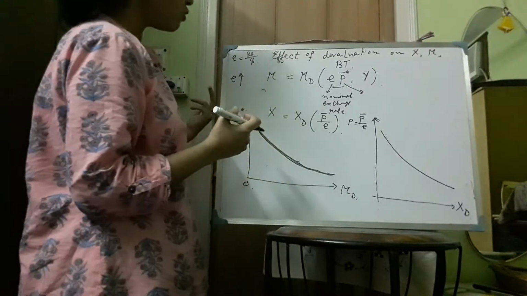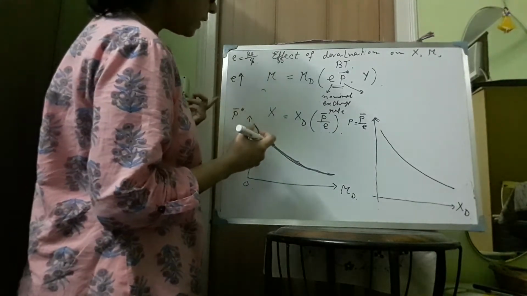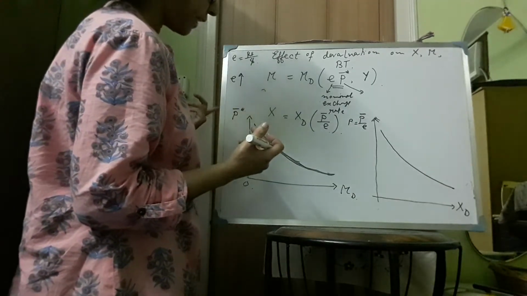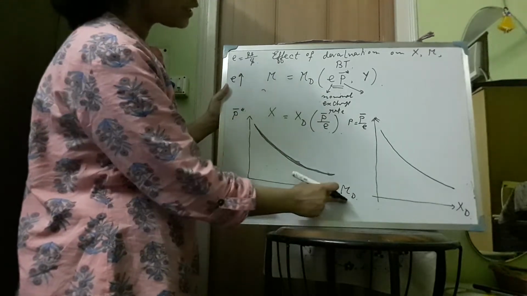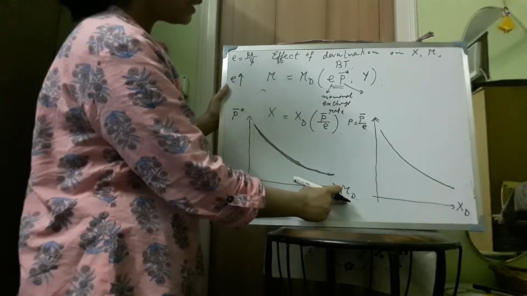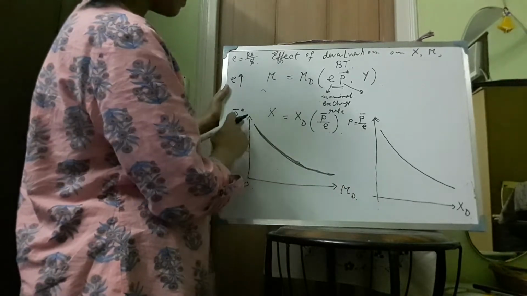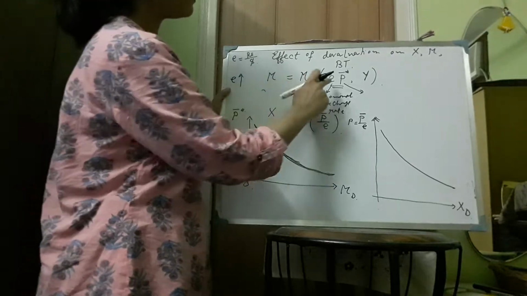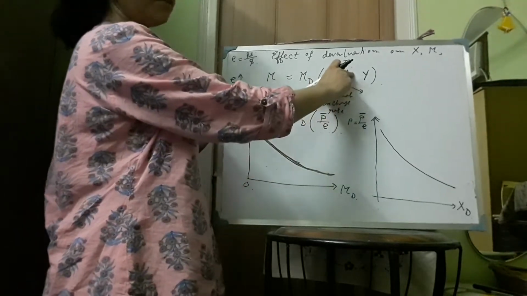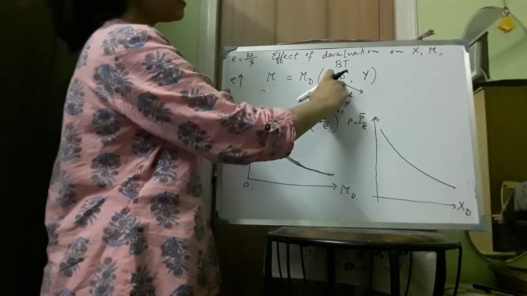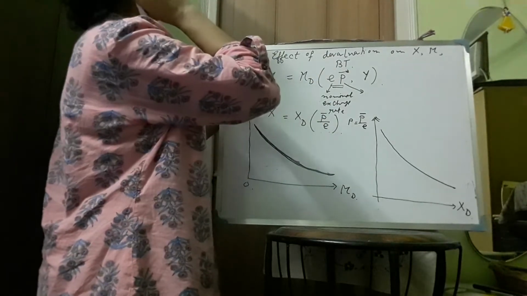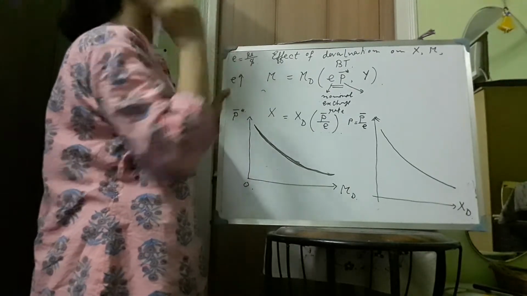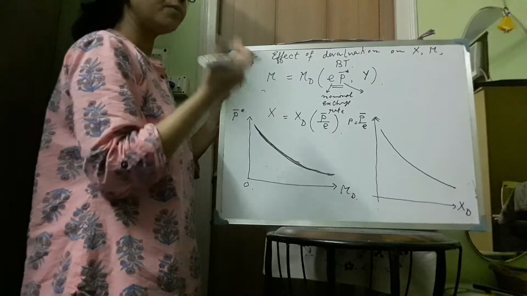When devaluation is occurring in the home country, what will happen to export and import? That we want to check. If we consider the import demand schedule, E is not on either axis. So when E is rising, E P bar star will be rising. E P bar star rising means the price of importables is rising, so overall demand for importables will fall.